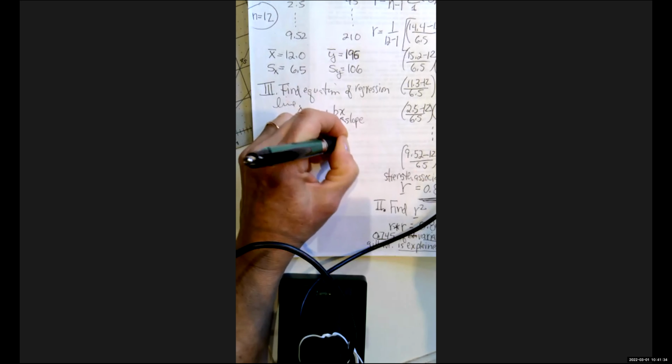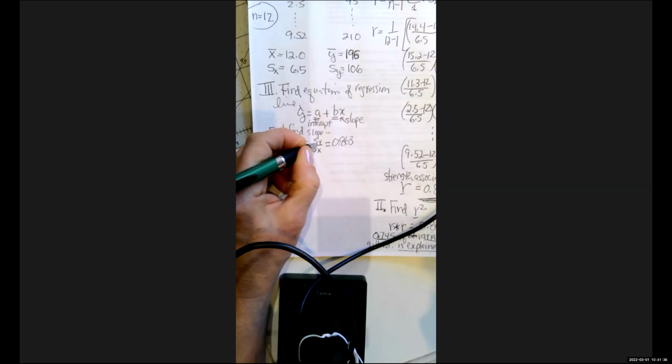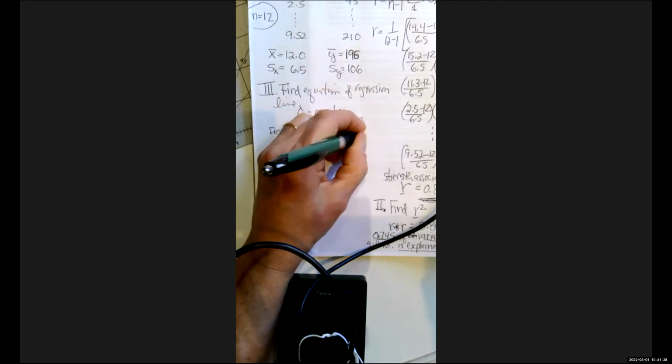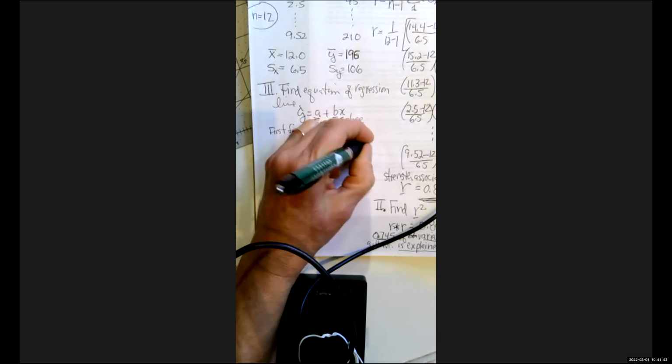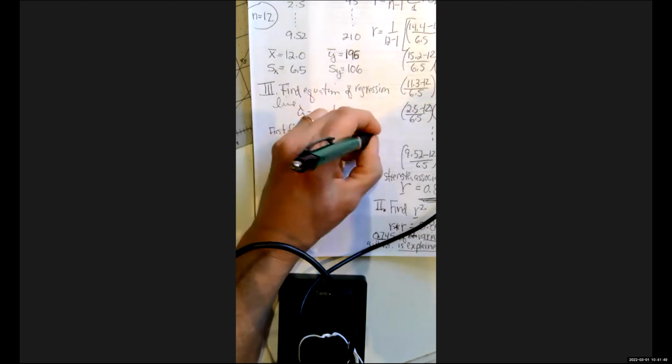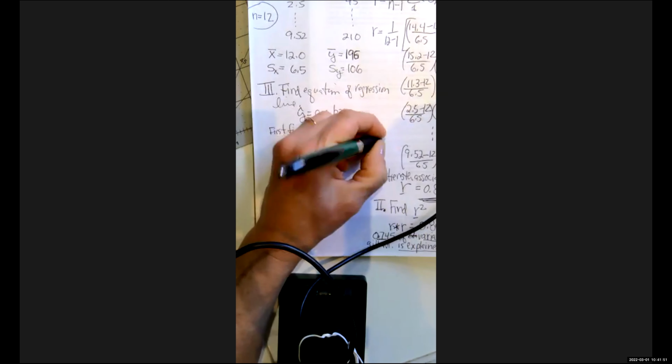All right, what does it equal for our particular example here? Little r, which we have over here, 0.863, times the standard deviation of y divided by the standard deviation of x. We make that calculation, and we get 14.14.